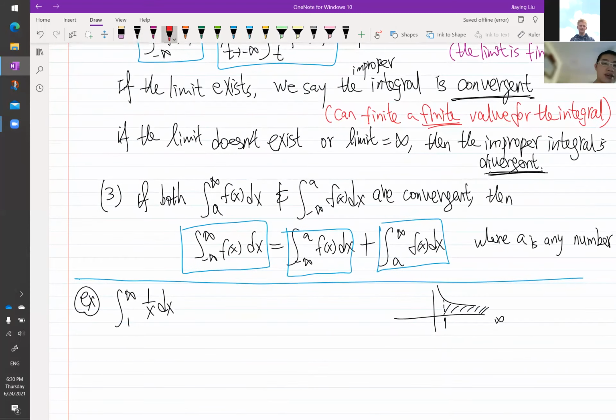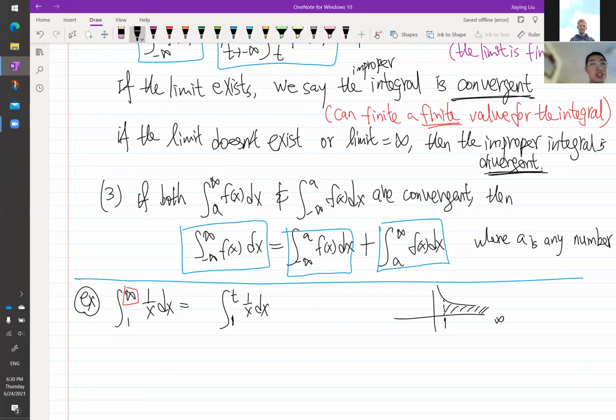Well, the problem is that we have an infinity, so the normal definite integral technique, the fundamental theorem of calculus part 2, wouldn't work. So we have to take this and rewrite it by using a dummy variable t. So we're going to write it as the integral from 1 to some t of 1 over x dx.